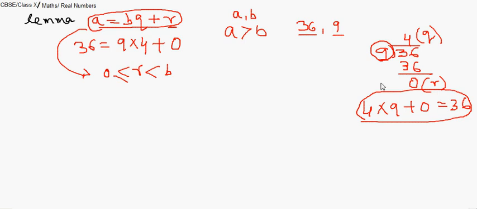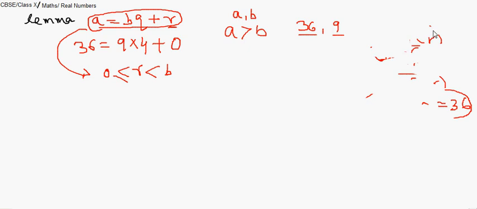Now I'll take up a few questions which are given in your CBSE textbook. Let me clear this part so that I can use the space for solving the question. I'll just write down the first one here.